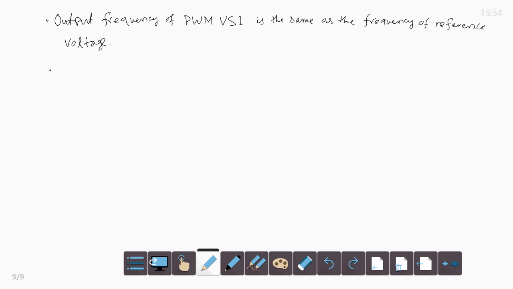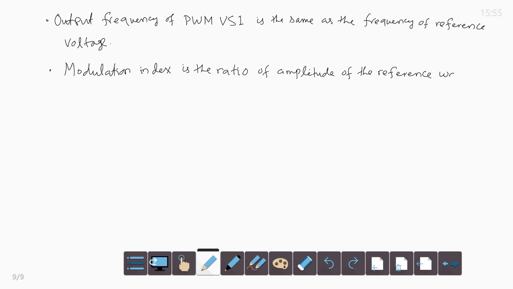Then we define the modulation index. It is the ratio of the amplitude of the reference wave to that of the carrier wave.